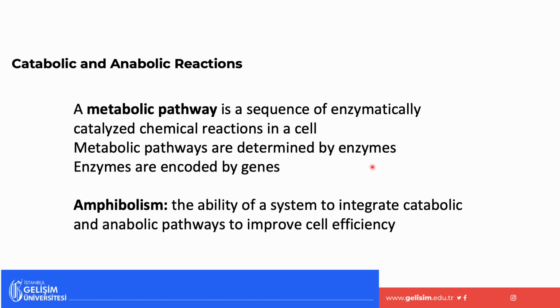Enzymes are encoded by genes, which are segments of the DNA that contain the instructions, or the recipe, for making a specific protein. So therefore, the presence or the absence of a particular enzyme can be determined by the genes that are present in that organism's genome.